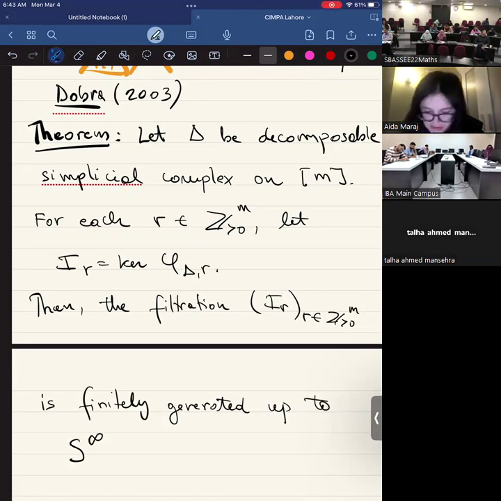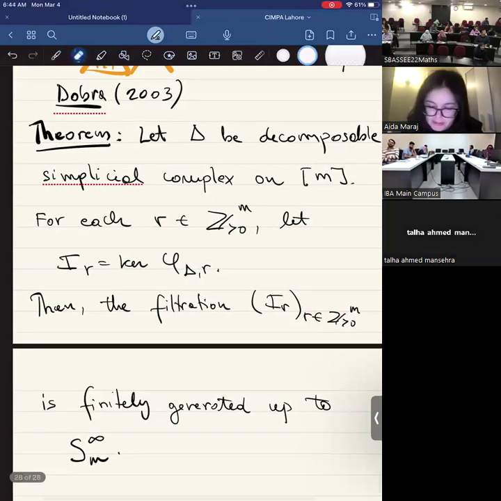infinity. Also, for a lot of the questions you asked, there are great people from commutative algebra here that you can discuss with after the talk. Okay, so up to S_M infinity, I wrote them the opposite again.